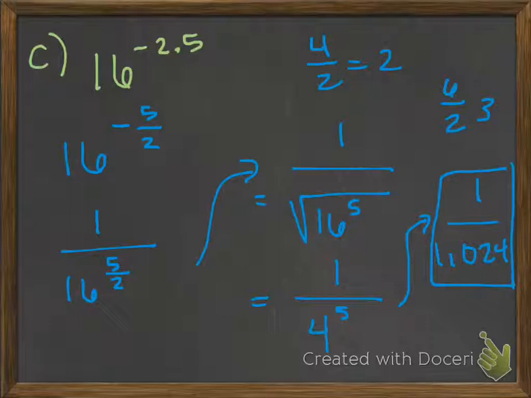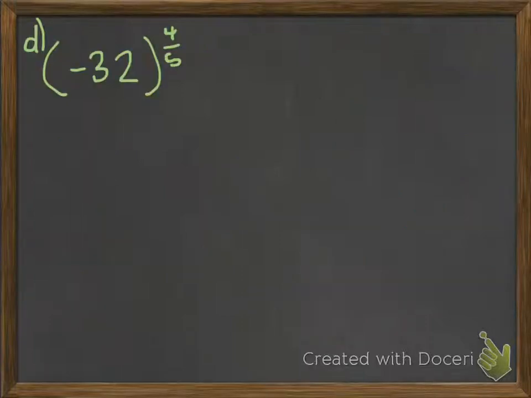So last one, letter D. Notice my exponent's not negative, it's the base that's negative. So I can't move it anywhere. I'm just going to put it back in radical form. So this is the 5th root of -32 raised to the 4th power. And the 5th root of -32, so you think what times what times what times what times what would give me -32.